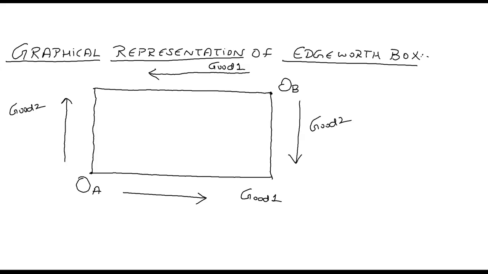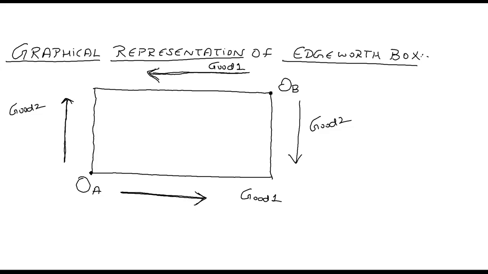When you are plotting the Edgeworth box, you need to see how you are measuring goods and with respect to whose origin. This is agent A's origin. This is agent B's origin. From agent A's origin, good 1 is measured on the horizontal axis from left to right. Good 2 is measured on the vertical axis, upwards. From agent B's origin, good 1 is measured towards the left in this direction and good 2 is measured downwards.